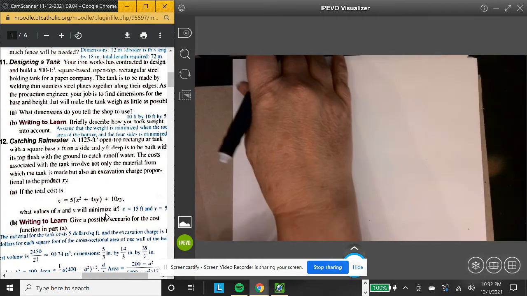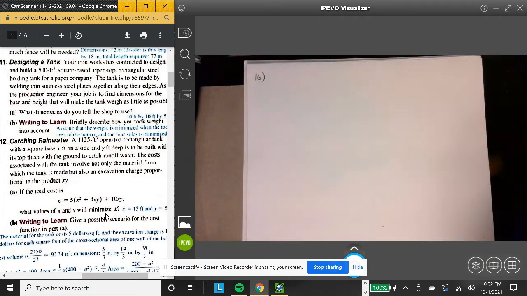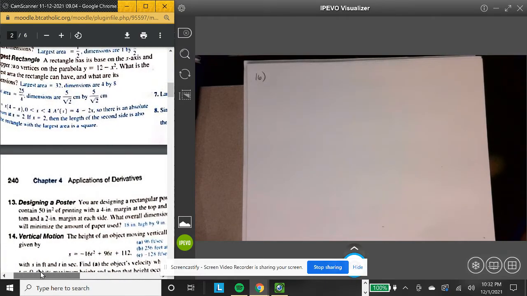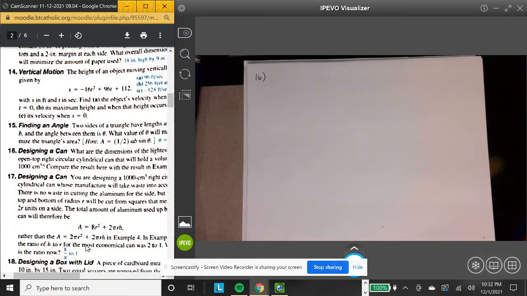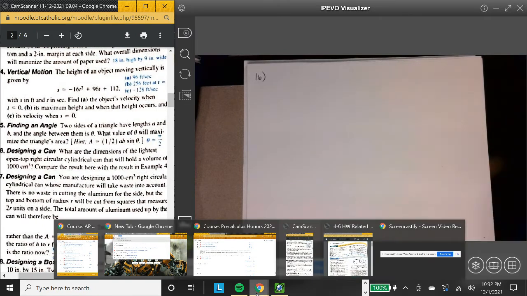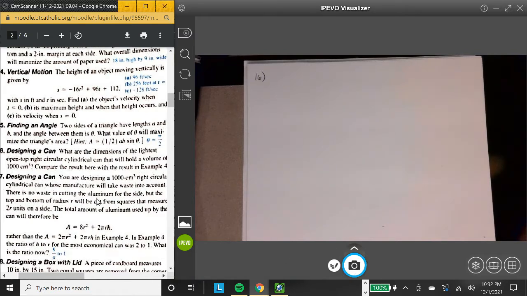Number 16. All right, let's do 16. 16 on this piece of paper over here. 16. Designing a can. What are the dimensions of the lightest open top right circular cylindrical can that will hold a volume of 1,000 cubic centimeters?